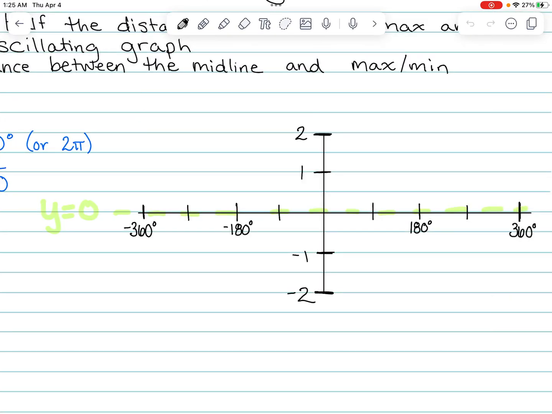Sine will always start at the midline, right here at 0, because when theta is 0, when my angle's 0, sine is 0. Then it increased to 1 after 90 degrees, decreased back to 0 at 180, decreased further to -1 at 270, and then back to 0 at 360.